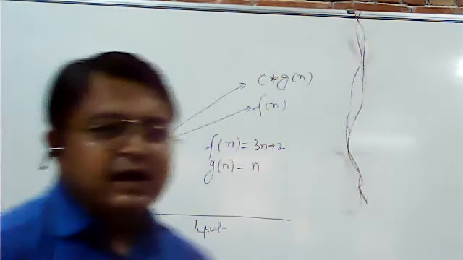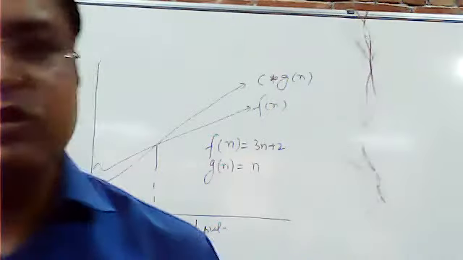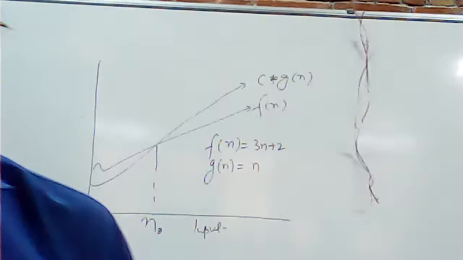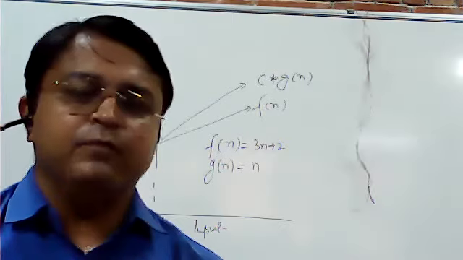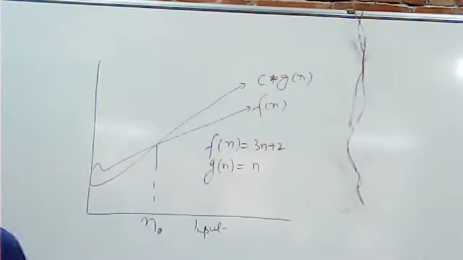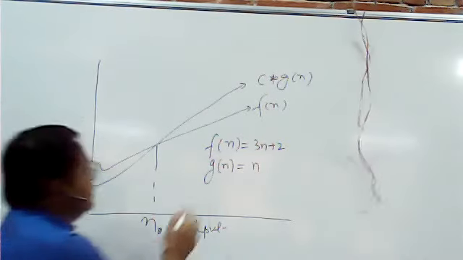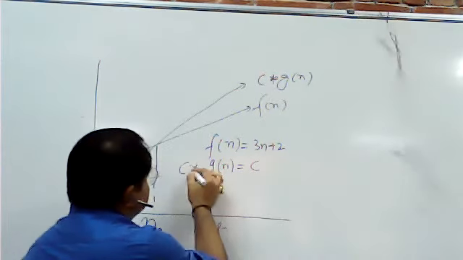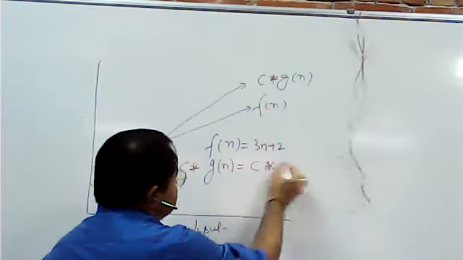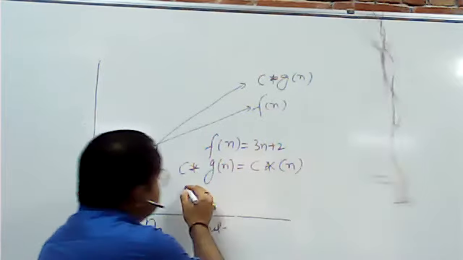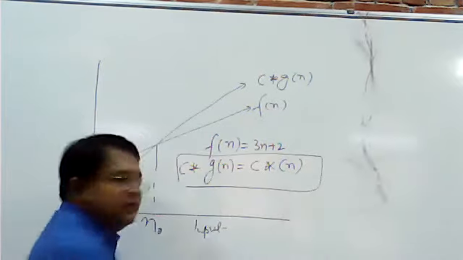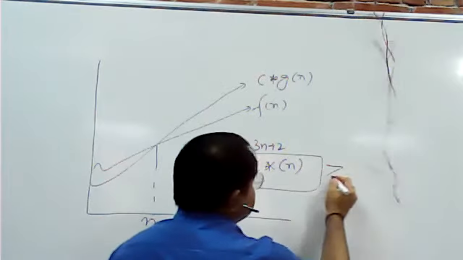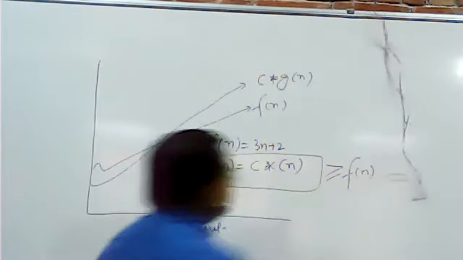It means that after a particular input size, like for example, input size can be 4, 5, or 2, if I multiply a constant with Gn, then this value will always be greater than or equal to Fn.